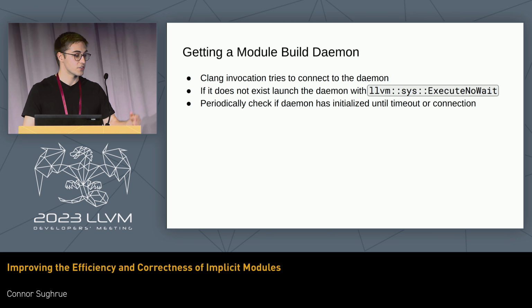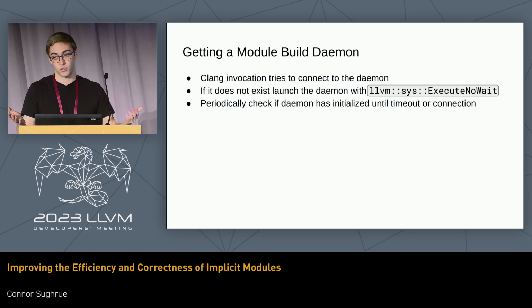So here's a little bit more detail on how the getModuleBuildDaemon function works. Clang invocations and the daemon communicate with each other over Unix sockets. So a lot of the mechanism of determining whether a daemon is there is whether the Clang invocation can connect to the daemon socket address. So it first tries to connect.